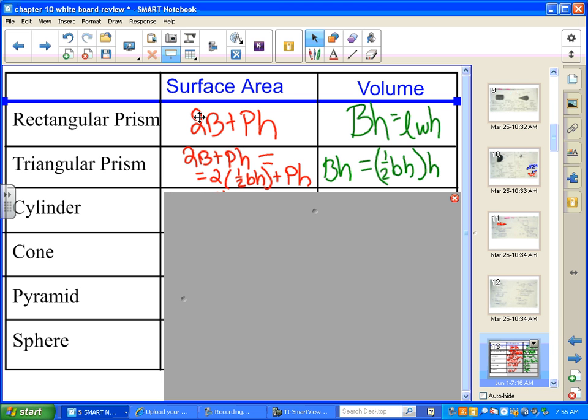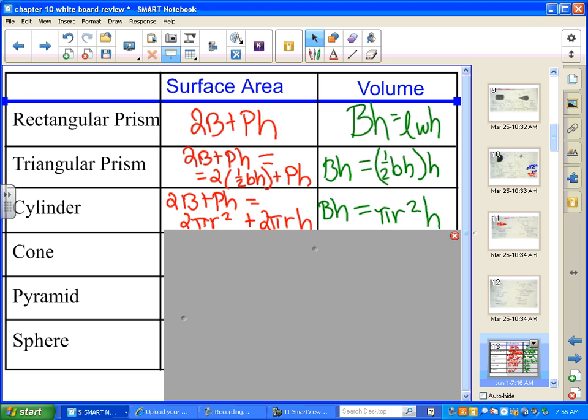Good. Yep, and Jeremy, volume. Good, which is the same thing as BH. Mary gave us the other one. You're good. So cylinder, 2B plus PH, or you can be more specific, 2 pi r squared plus 2 pi rh. And then the volume formula is area of the base times the height, or pi r squared times h, either one. Doug?